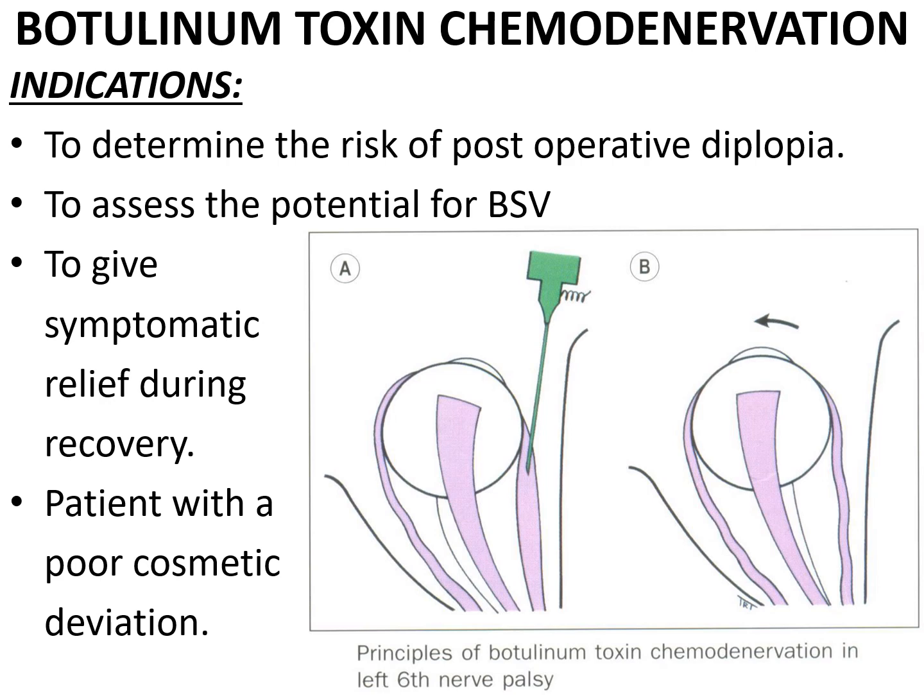And the principle of botulinum toxin chemodenervation is, here you can appreciate that the left lateral rectus is involved. We can give the botulinum toxin in the left medial rectus, that is the antagonist of the left lateral rectus.